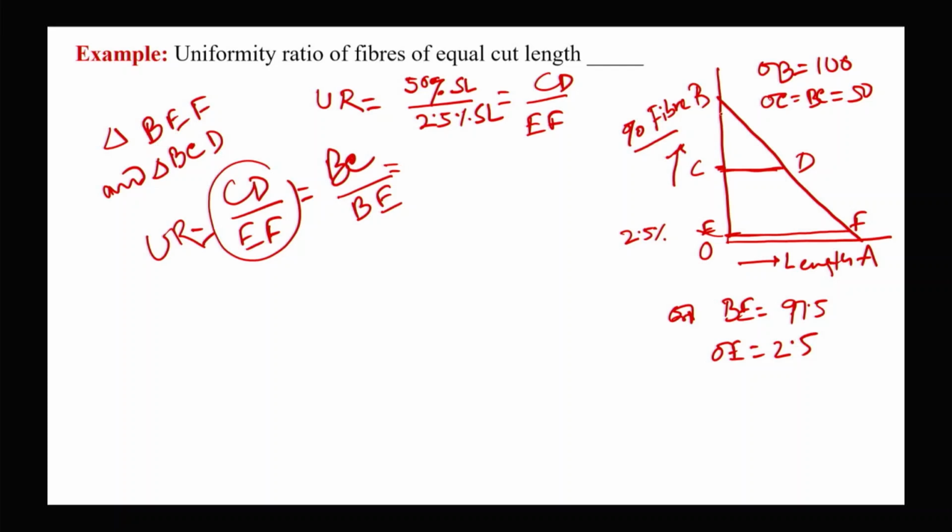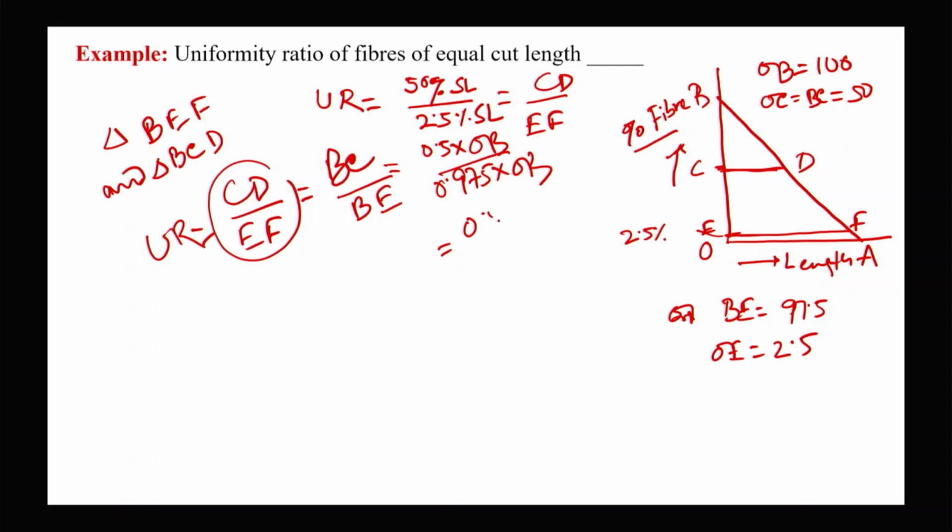BC is 0.5 of OB and BE is 0.975 of OB, 97.5% of OB.